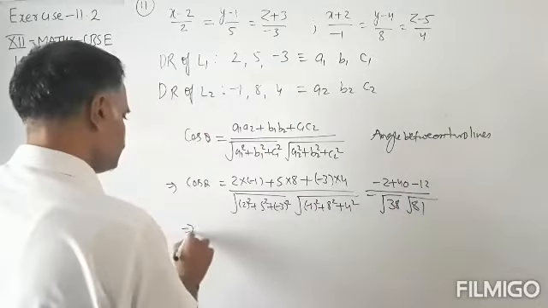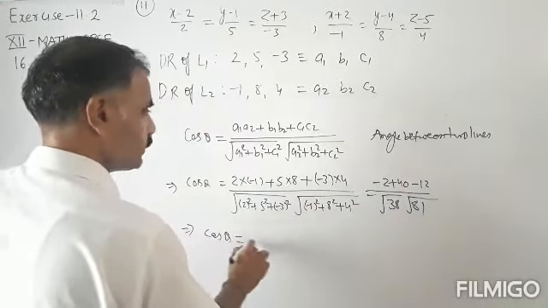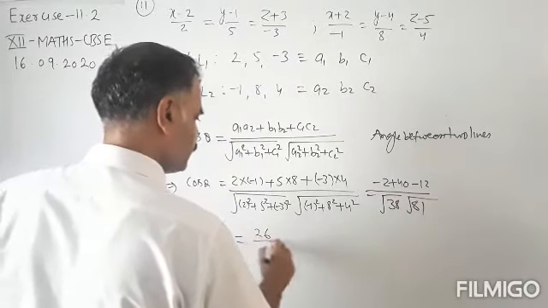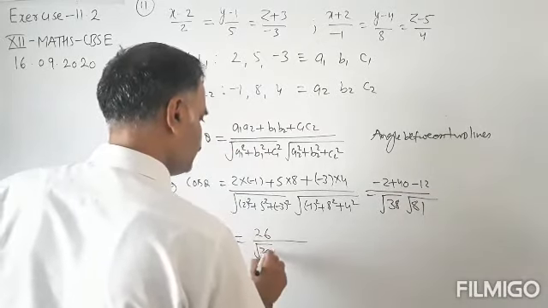So cos theta equals 40 minus 14, that is 26, upon under root 38 into 9.